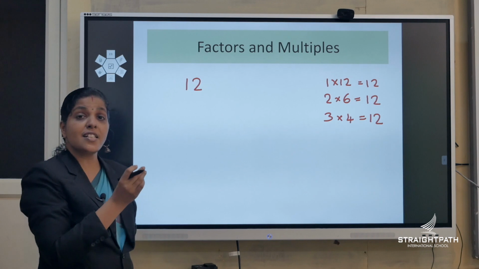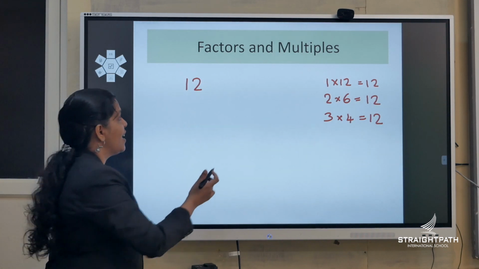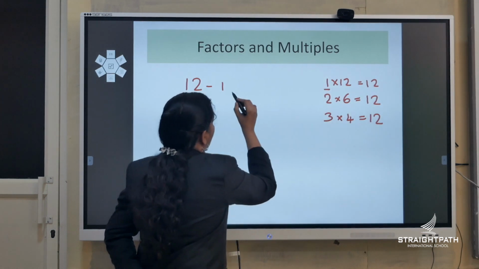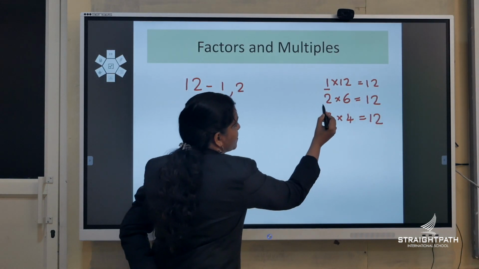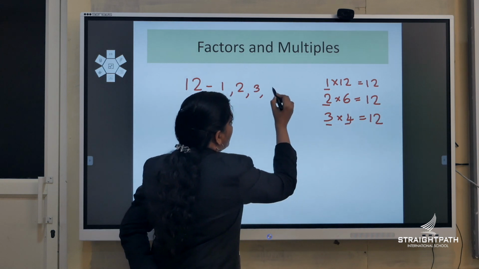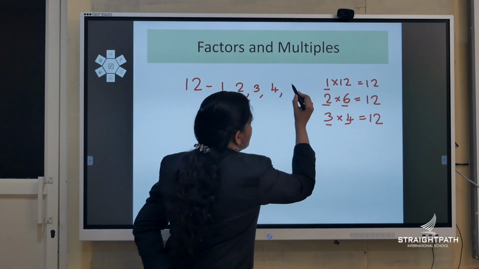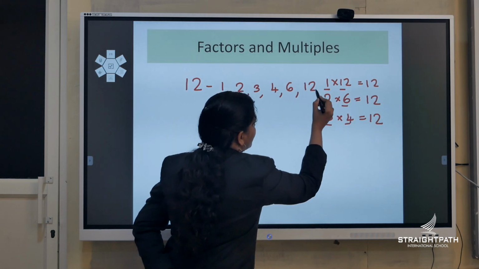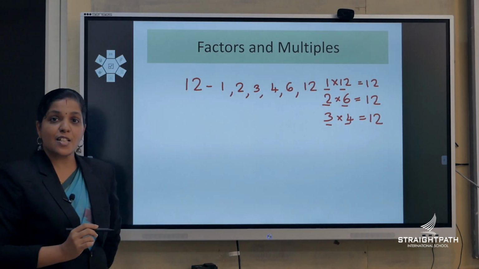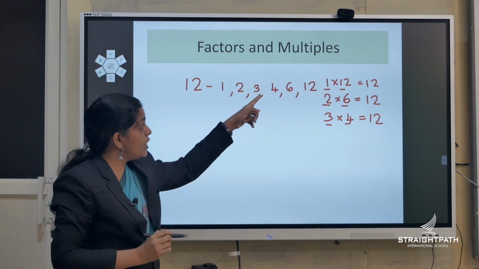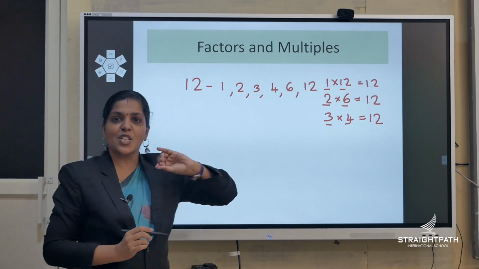So the factors of 12 are 1, 2, 3, 4, 6 and 12. The factors of 12 are 1, 2, 3, 4, 6 and 12.